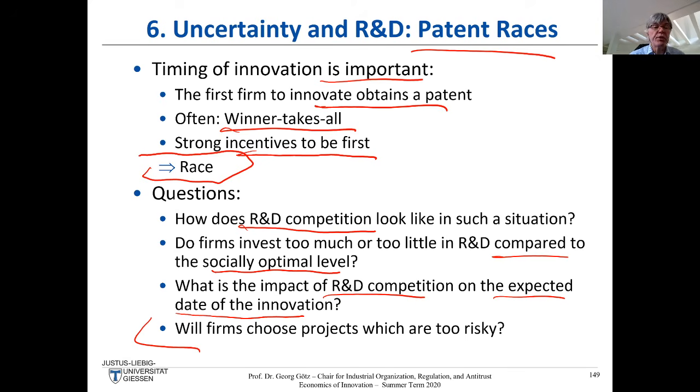Does R&D competition speed up innovation? What we already answered was how R&D competition looks in a situation of, in particular, uncertainty. You get the conditions under which both firms are active in the market doing R&D. I think in the assignment there is also a problem where we look into 3 potential firms.